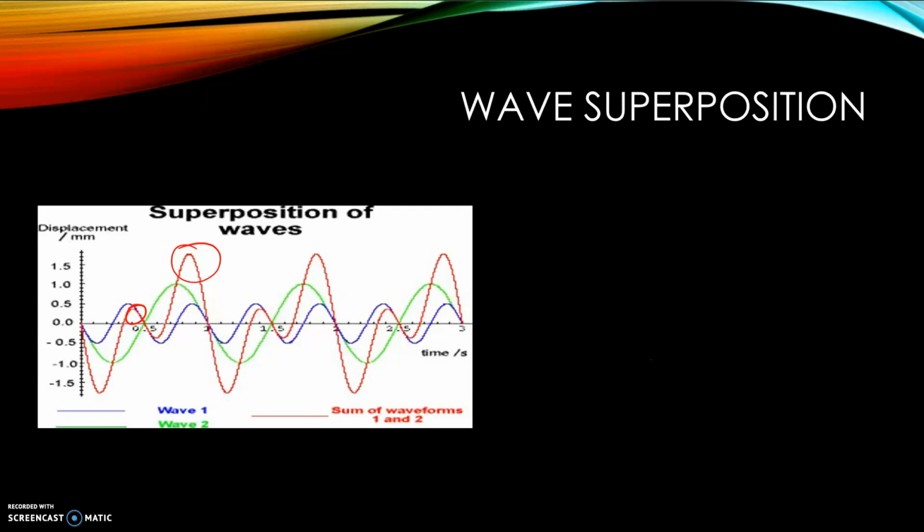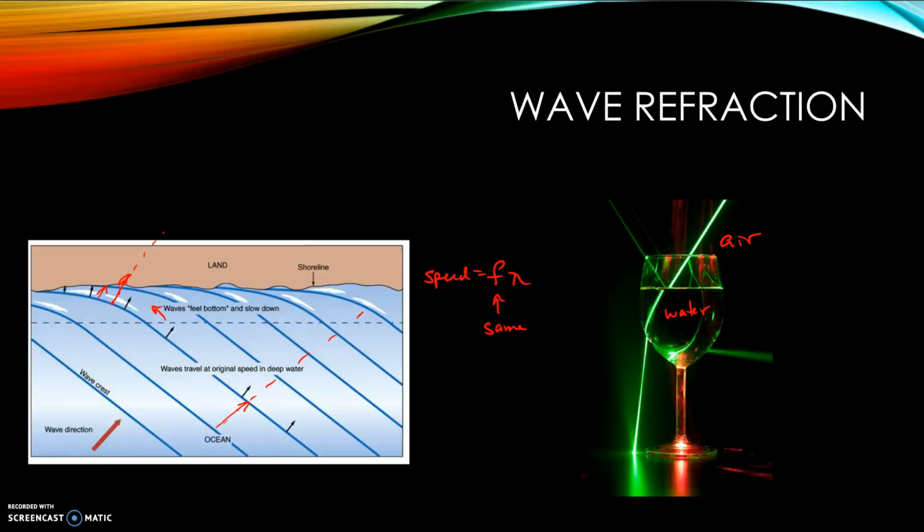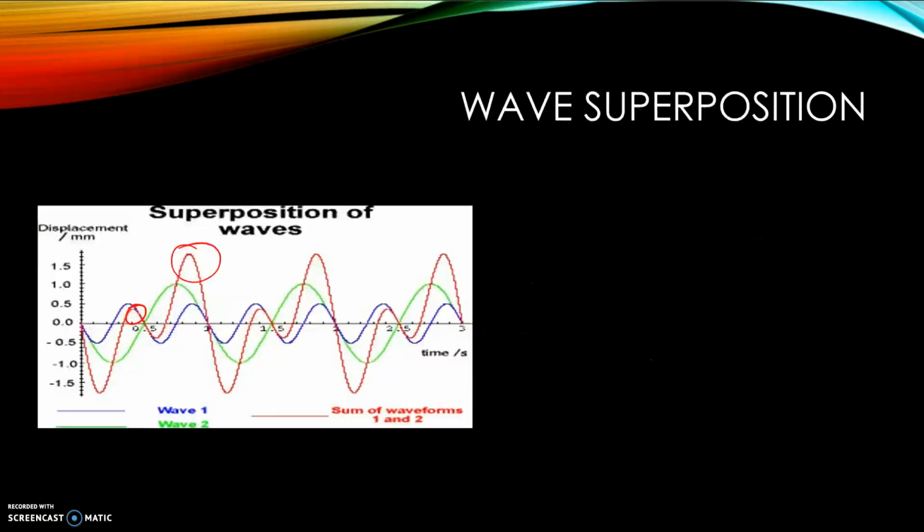Okay, so these three phenomena: wave refraction, this changing of the speed of a wave as it goes from one medium to another, one spot to another, causes it to bend. It causes the wavelength to get shorter because the frequency is the same. We have wave superposition, where we can overlap waves in space, so waves can pass through each other, unlike particles.